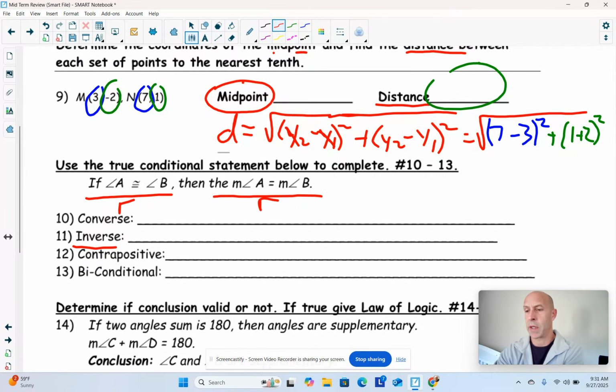And so this is going to be if angle A is not congruent to angle B, then the measure of angle A is not equal to the measure of angle B. So that would be the inverse.